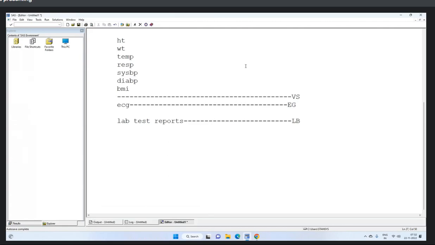So, for example, it is a diabetic study. Every day the subject should take one tablet in the morning and one tablet at night. This is according to my study. And suddenly the subject gets a fever.